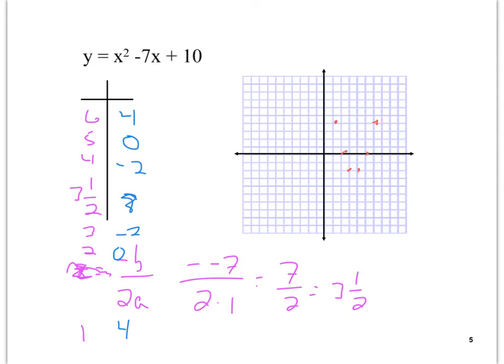And of course we know our y-intercept is our c value. That's up here at 10. Our parabola looks something like this. And most important now, our roots are at x equals 2 and x equals 5, x equals 2 or 5. And there is our answer.